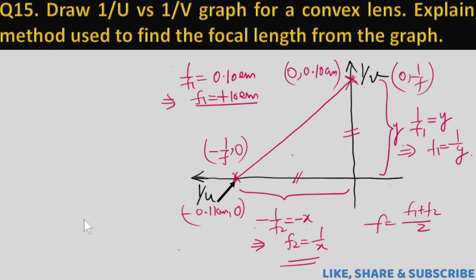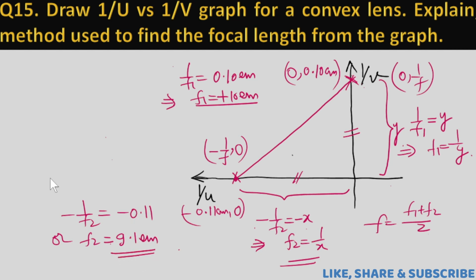Then the focal length 1 by f2 is equals to minus 0.11, or f2 equals 9.1 centimeter.